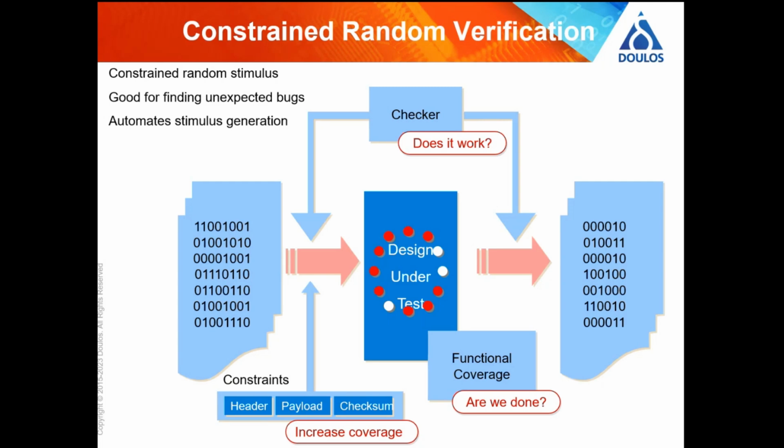And the reason why it says constraints there is because when you're generating random inputs to your design, as I've already said a couple of times, you're not just generating noise, you're generating a random stream of sensible things, transactions. The difference between noise and transactions is that the transaction space, from which you're choosing your inputs, is smaller, it's constrained.